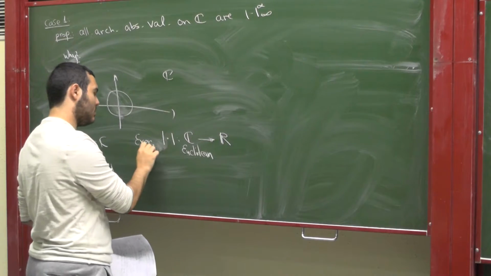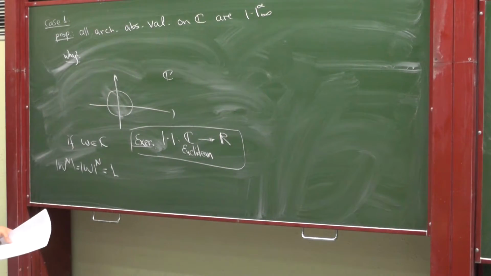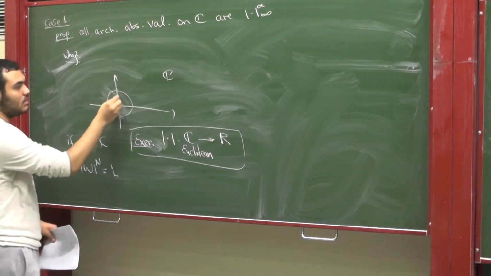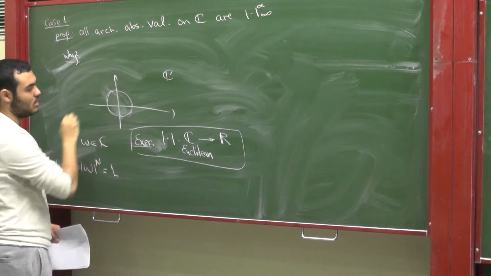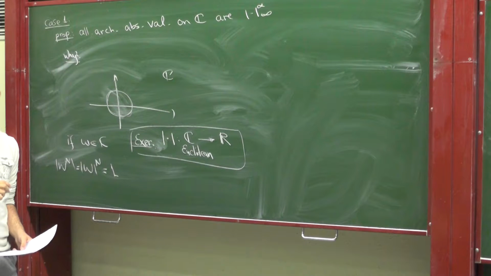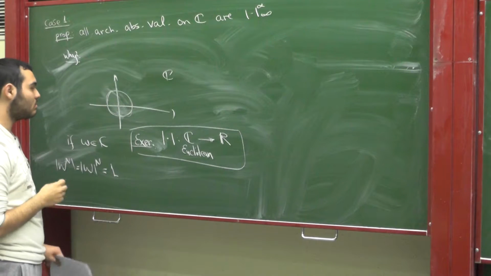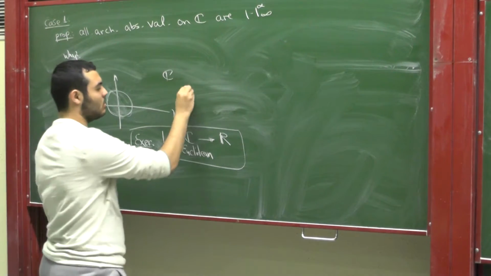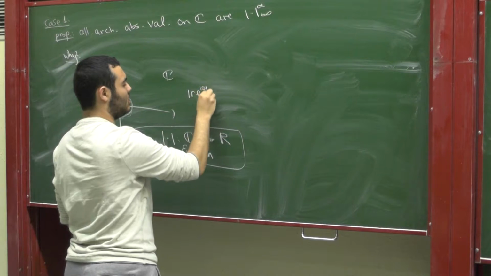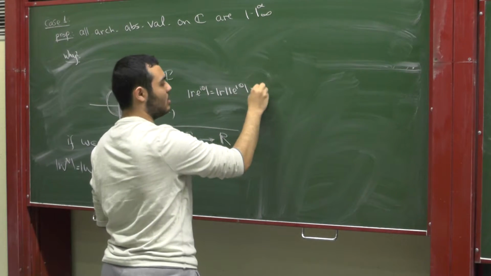Or of some sense. This is a bit harder than that. So now you know that on this circle, the absolute value is 1. So now use polar decomposition. And that's it. Theta. Theta. R.